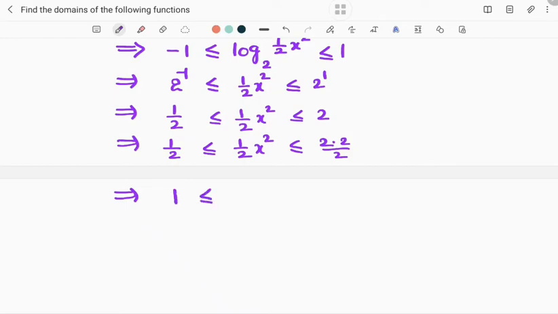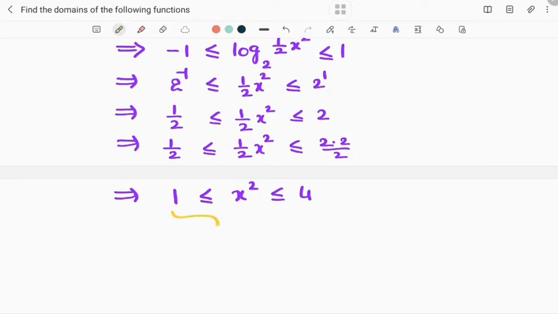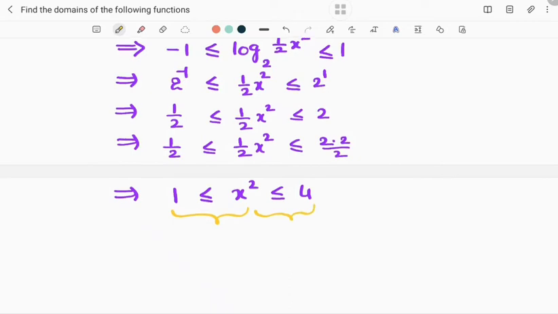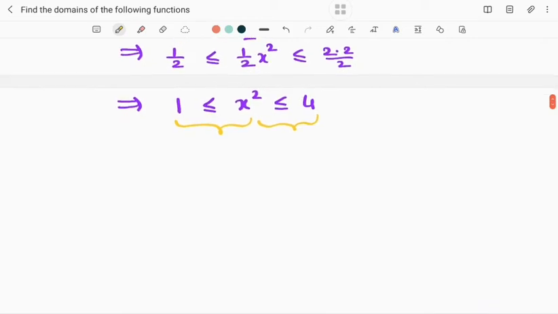It becomes 1 is less than or equal to x square is less than or equal to 4. So 1 is less than or equal to x square is one case. If we consider x square is less than or equal to 4, that is another case. We will do both the cases.